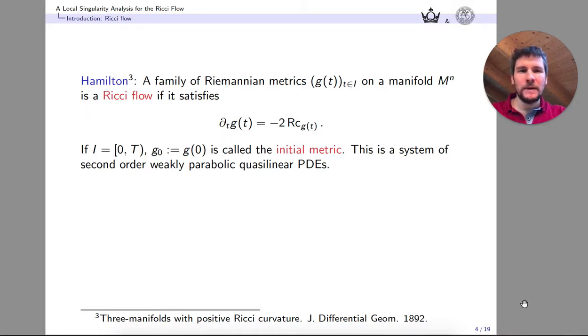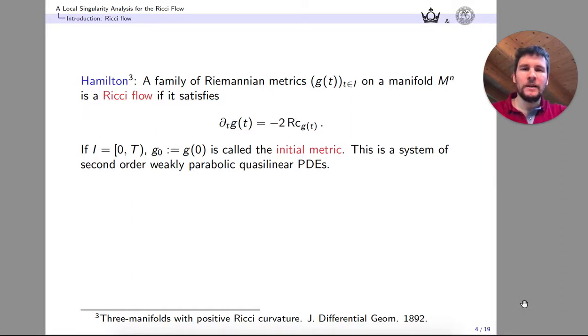If you remember that the Ricci tensor was minus 1/2 the Laplacian plus some lower order terms, then this basically gives us that the time derivative of the metric is equal to the Laplacian of the metric plus some lower order terms.